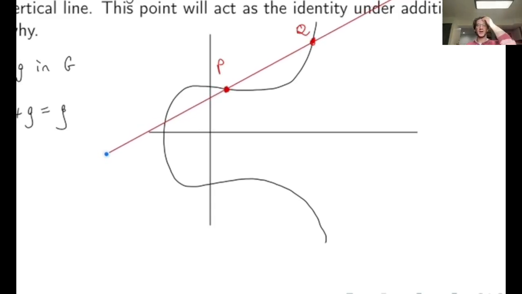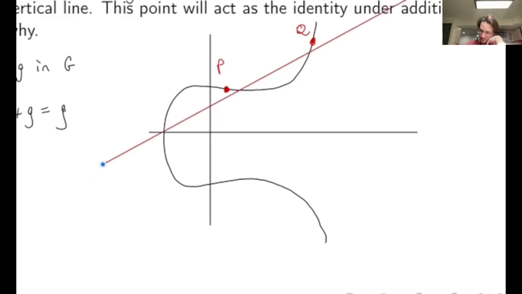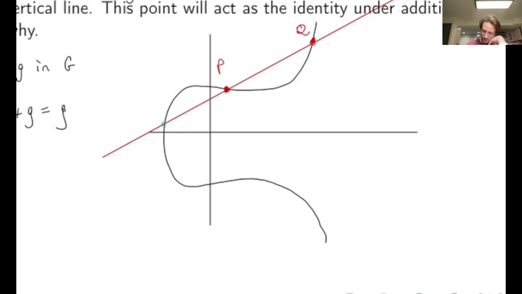Technically, you need to find the point of intersection. Here, the point of intersection is given right here. We call this point R tilde, and then we reflect that about the x-axis to get the actual sum P plus Q. That point right there is P plus Q.